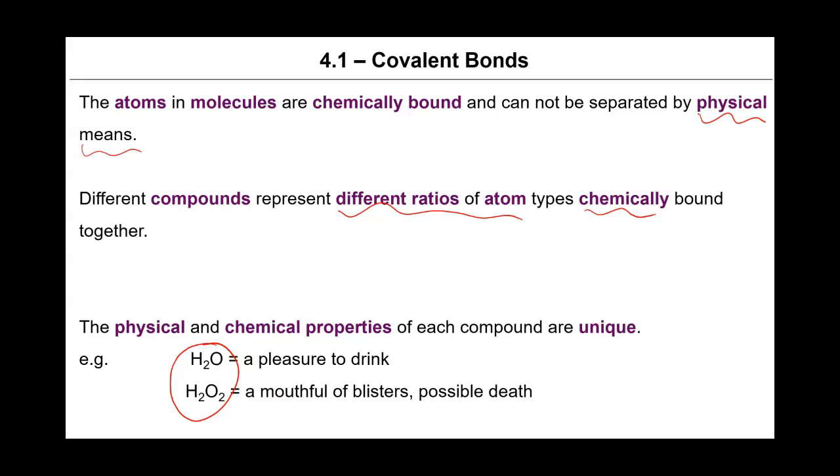However, they have a different ratio of the atom types, so therefore their physical and chemical properties are unique. Water, it's important to drink water. Hydrogen peroxide, if you were to drink pure hydrogen peroxide, you would blister your mouth, and if you drank sufficient, you would probably die.